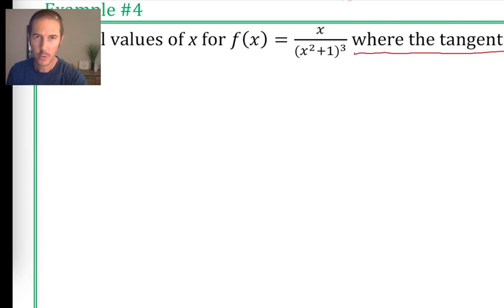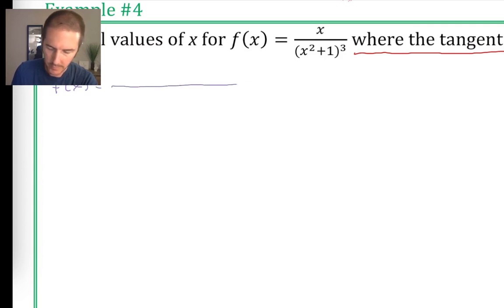So we have a quotient, right? Our function is a fraction, which means we're going to use the quotient rule, which I like to use low d high minus high d low all over low low, or low squared. So I'm going to write this as f prime of x equals, and I know it's going to be a fraction, I've got low, which is x squared plus 1 all to the third, times the derivative of my numerator, so d high.